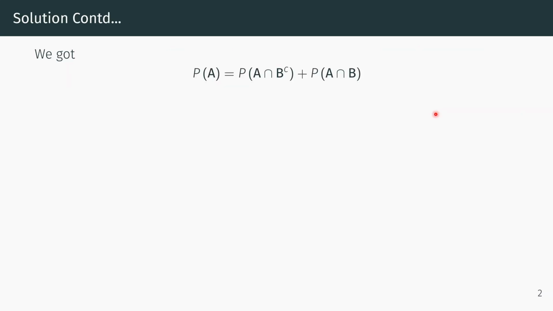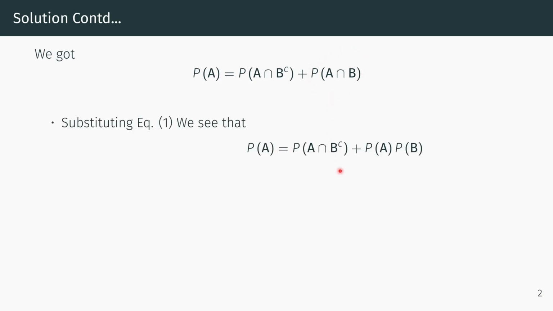So we have got that probability of A is equal to probability of A intersection B complement plus probability of A intersection B. But we are given that A and B are independent, and hence we can replace probability of A intersection B with probability of A times probability of B.